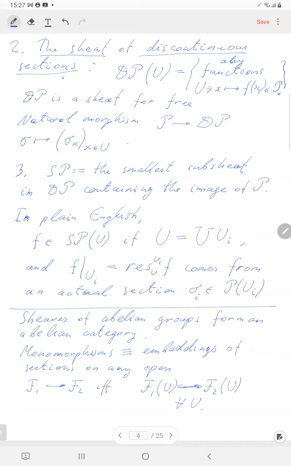Okay, so that's easy. But for surjections or epimorphisms, it's not as easy. So maybe more generally, let me say what a morphism is.